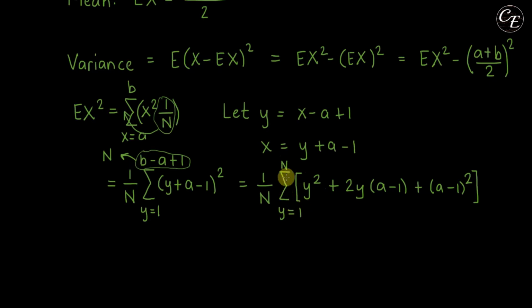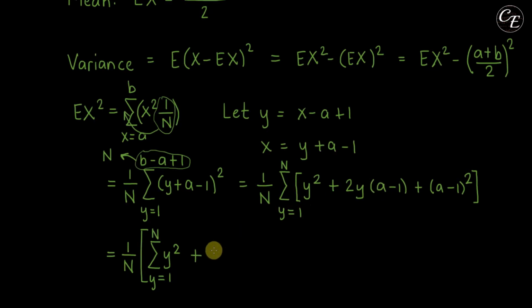Then let us distribute this summation for each term. So we have 1 over n, times summation of y squared from y equals 1 to n, plus, in here these 2 and a minus 1 are constants, so we can move them outside of this summation.